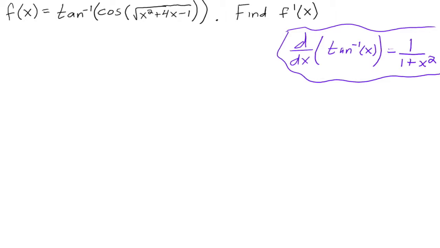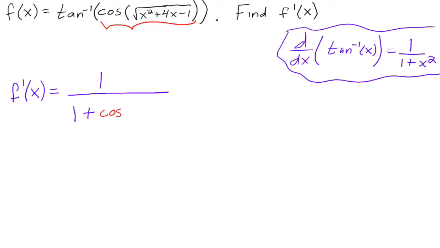So the first thing, remember, is we're going to get the derivative of the outside. So the derivative of arctangent is going to be 1 over 1 plus the whole inside of this guy, so this entire thing, squared.